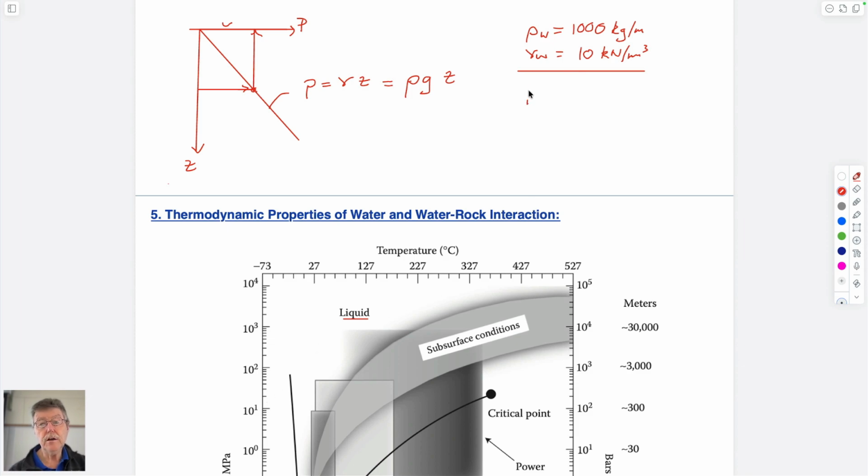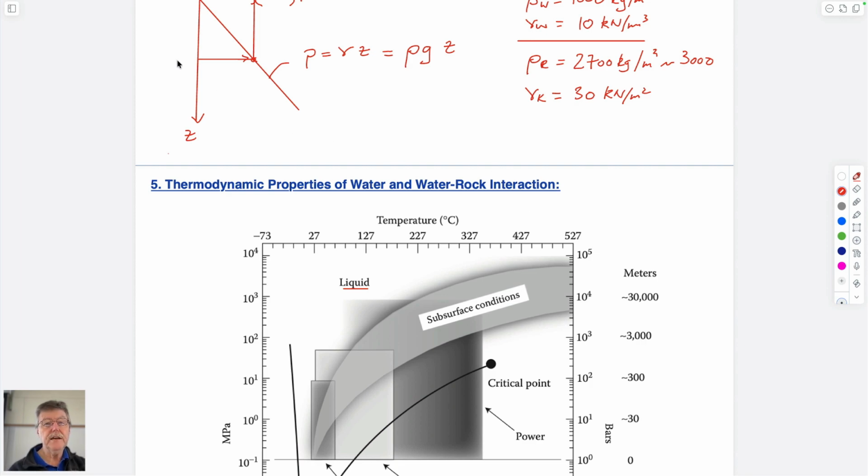If we take rock, we said before that the density of rock is typically of the order of 2,700 kilograms per meter cubed. It's about 3,000 of that order. So if you look at the unit weight of rock, it's of the order of 30 kilonewtons per meter cubed.